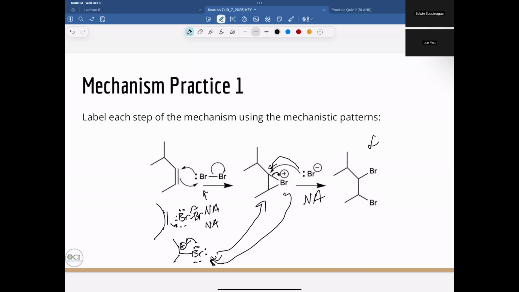I remember there was a quiz when I took this and there was a problem that looked like this. Yes. Technically, you could label this as a leaving group, but that's not the important part because that's not what is happening in the product. Yes.